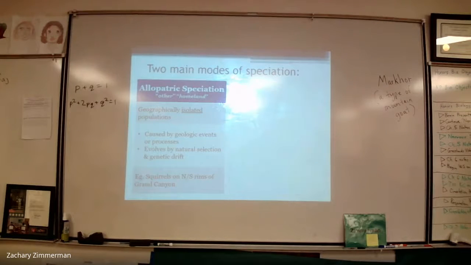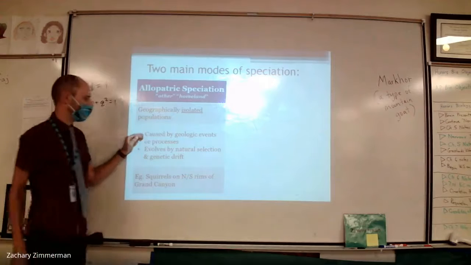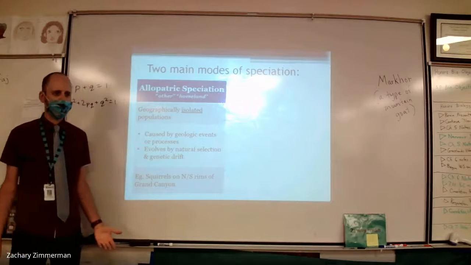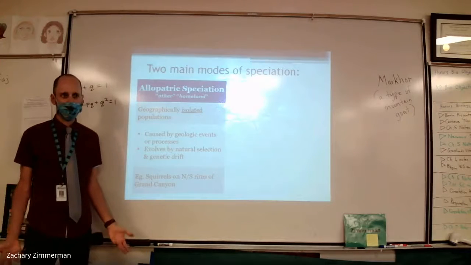So there are two modes of speciation. There's something called allopatric, and this is when organisms become isolated from other similar organisms, but then they become less similar. So how did they get isolated? Maybe geologic events. Think about islands. All kinds of species exist on islands, and obviously they're isolated from other organisms that are not on those islands.